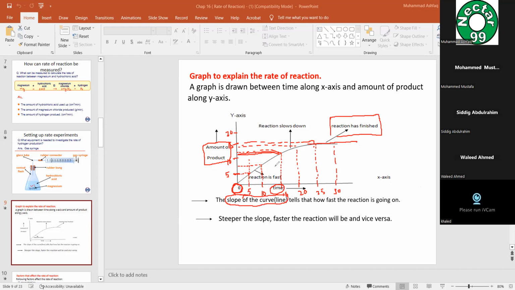If it is less steep, it is not as quick as if it is moving steeply upward. It means the amount of reactant changes within seconds. Look, at 10 seconds it's touching here, so within 10 seconds the amount reaches 20. So the speed of reaction we can also easily find out with the help of this graph.